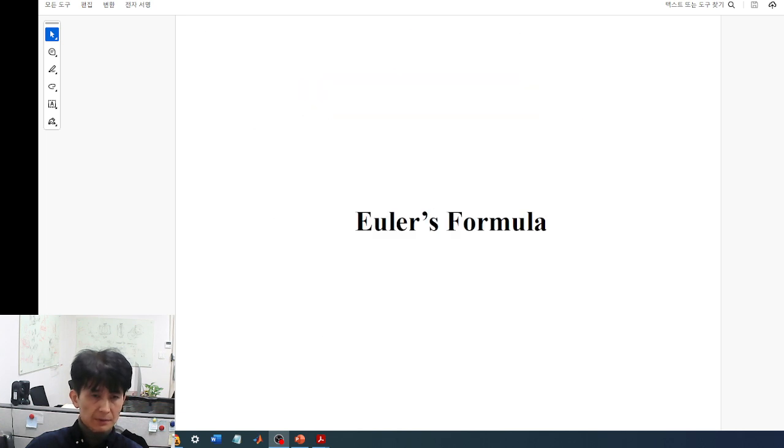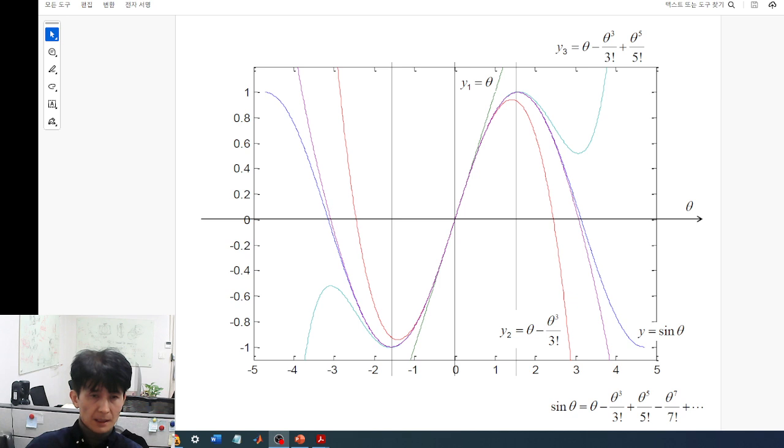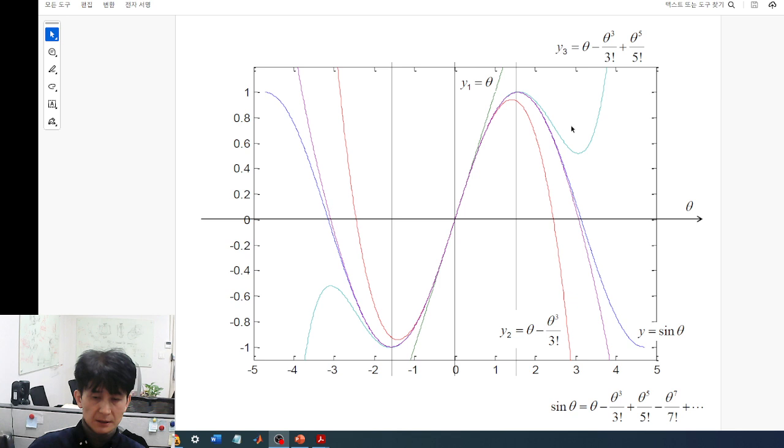We have covered Euler's formula by using the Taylor expansion, and this is the Taylor expansion of the sine part, and this is the sine function.